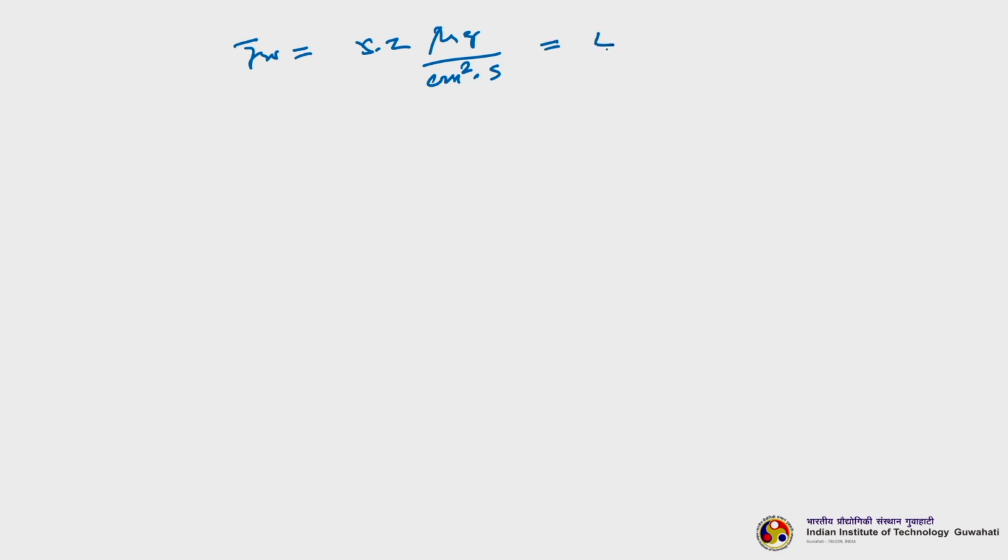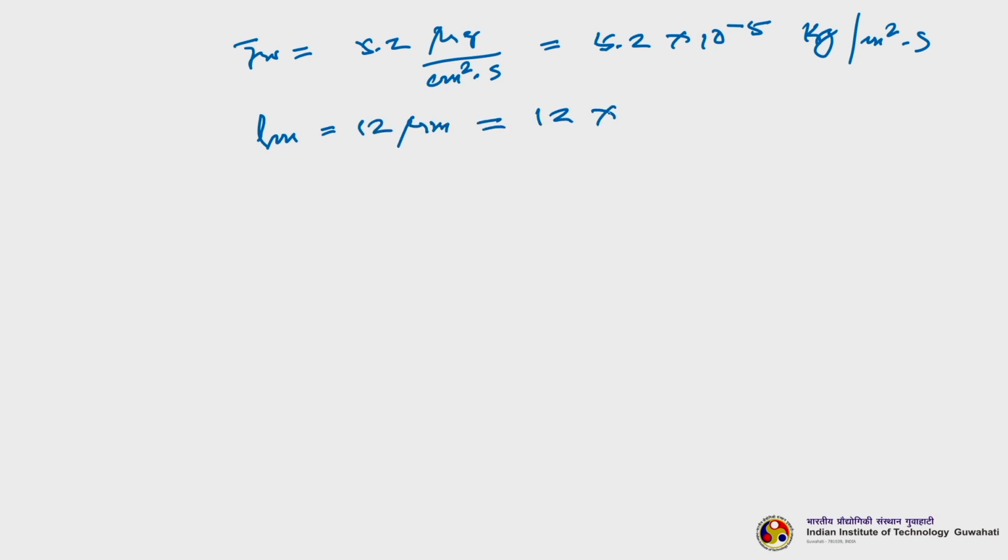You can write it as 5.2 into 10 power minus 5 kg per meter square second, and membrane thickness Lm is given as 12 micron, so 12 into 10 power minus 6 meter, just converting everything into meters and kilograms so that there will be unit consistency.